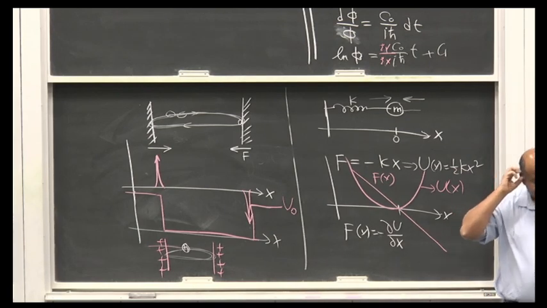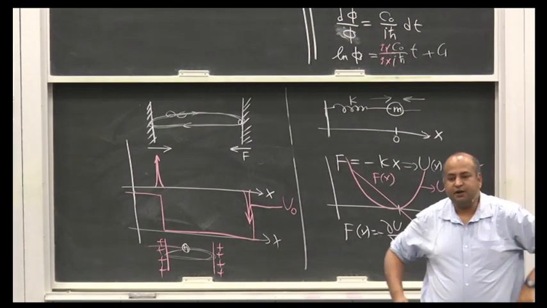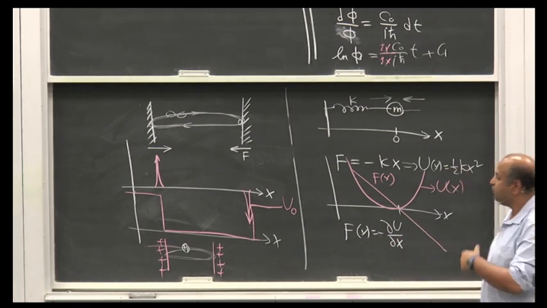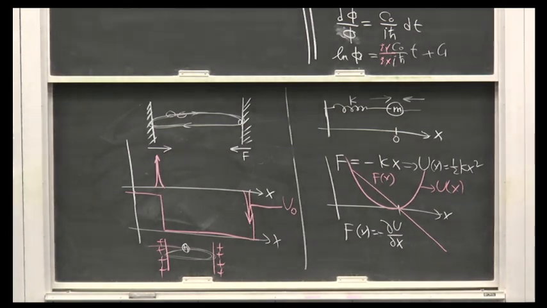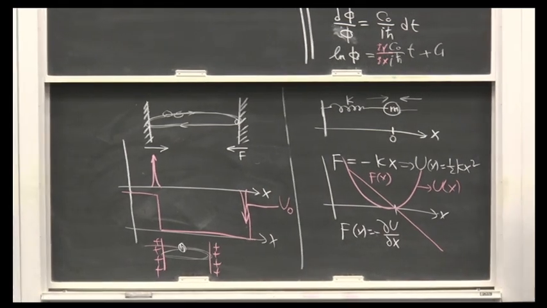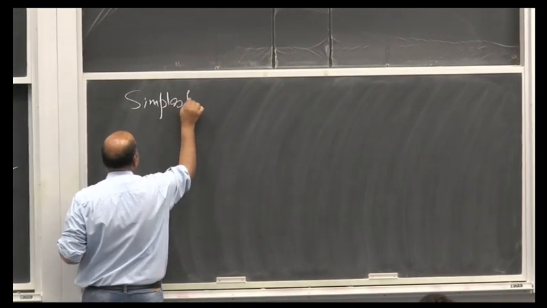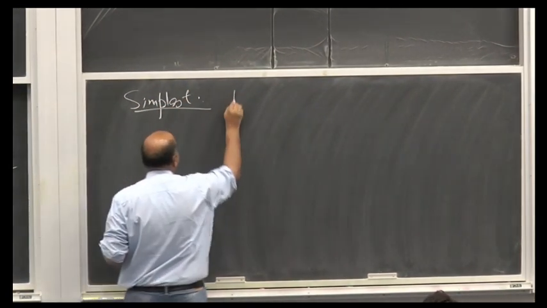So now let's come to solving problems, and for that we have to find small psi of x. Today, because of short time, I'll do the simplest of all problems, and that is a free particle.